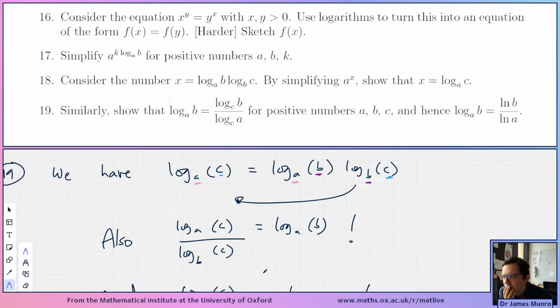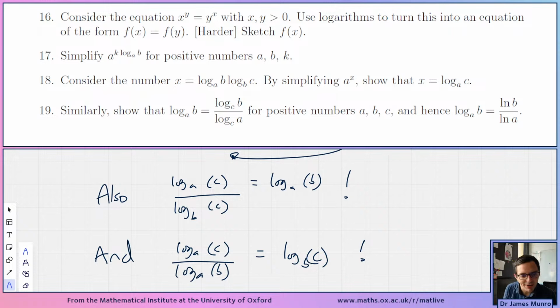I think I've just got two things at the same time. I've mildly confused myself. Yeah, I believe both of these. Good, okay. Maybe this is a demonstration that you can work out new laws of logarithms from the existing ones.